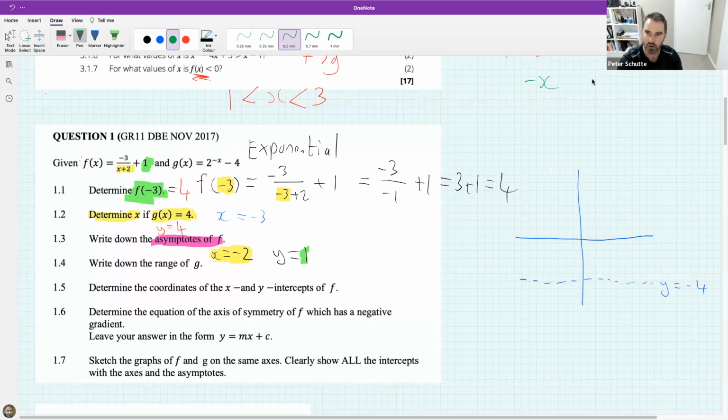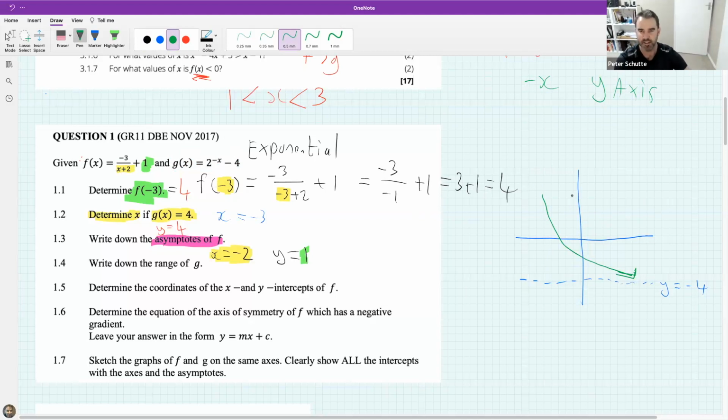It reflects it over the y-axis. That would be fine. It's just going to look like this, and so we're fine. The range doesn't actually affect anything.